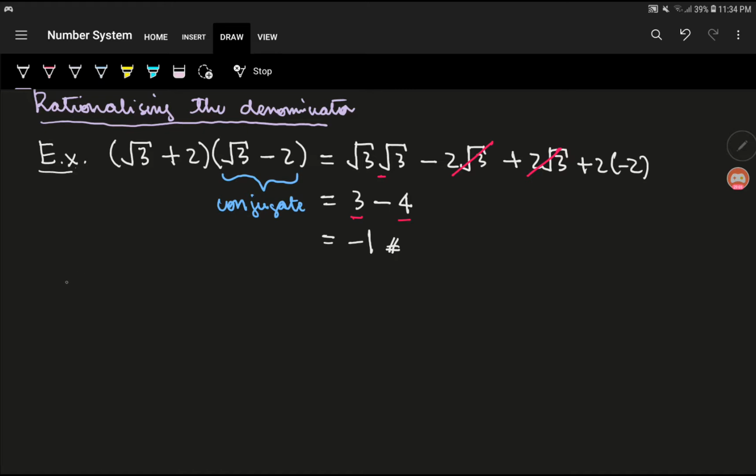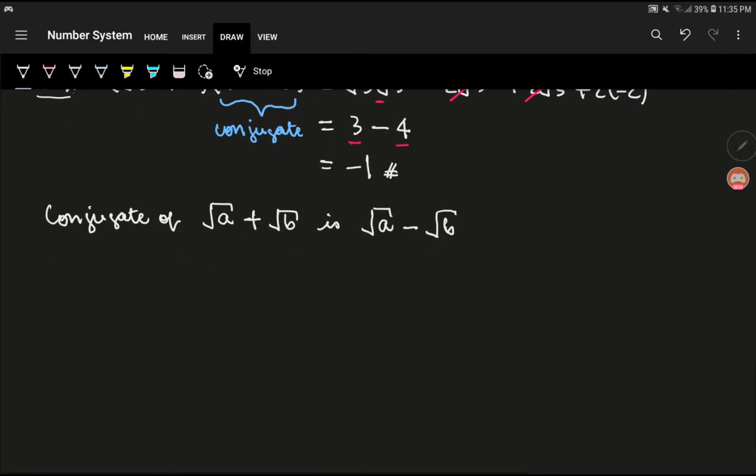So in general form, the conjugate of surd A plus surd B is surd A minus surd B, and vice versa.